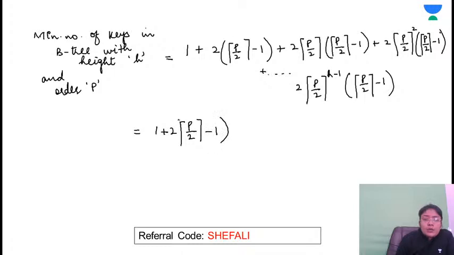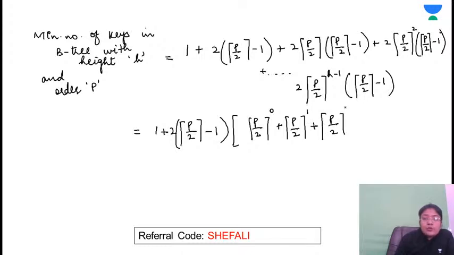This is the common term in all the terms, and here we have (p/2)^0 plus (p/2)^1, just simplify this GP series, (p/2)^2 and so on, (p/2)^(h minus 1).